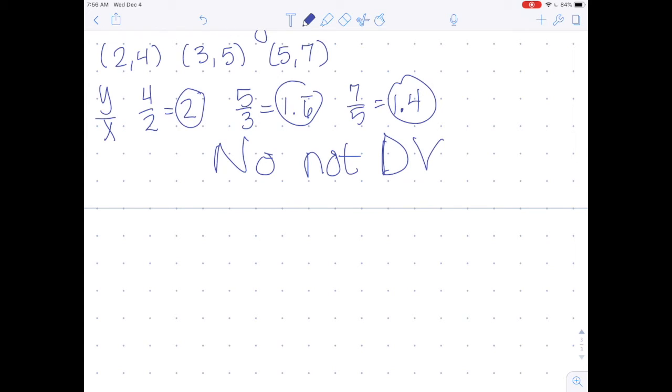Okay, and last but not least, we need to talk about writing a direct variation equation given a point.